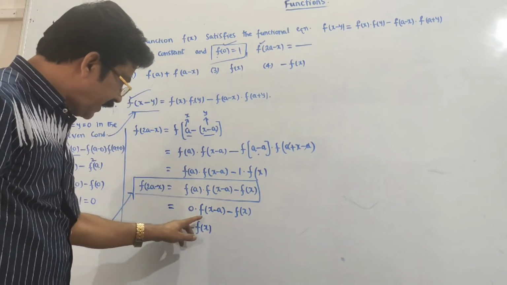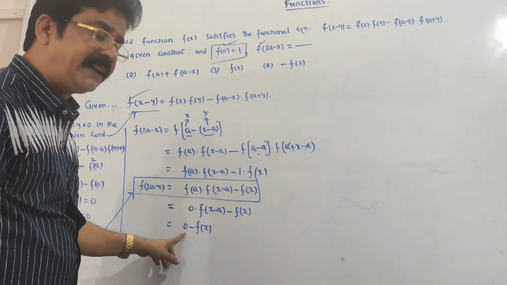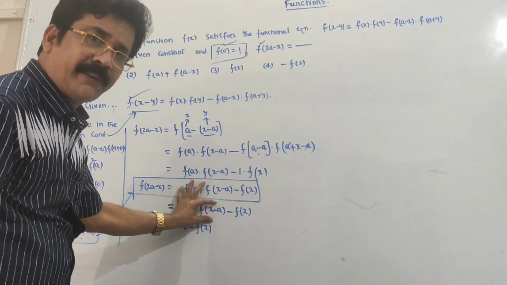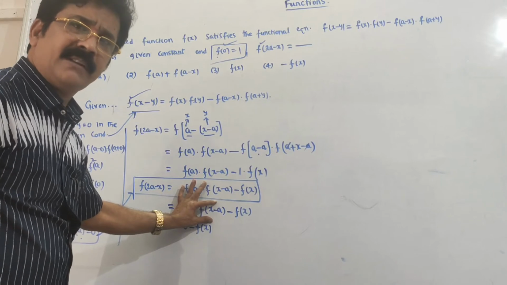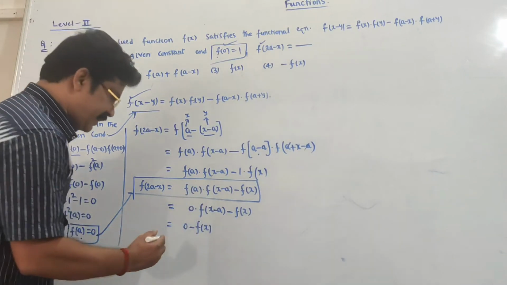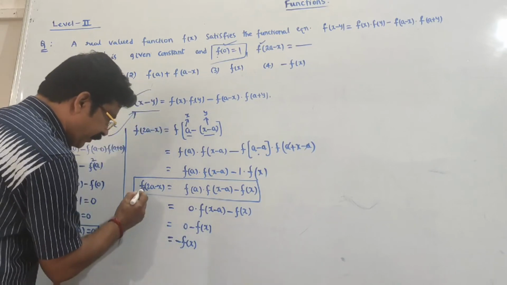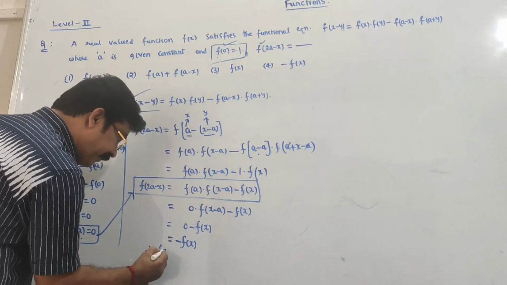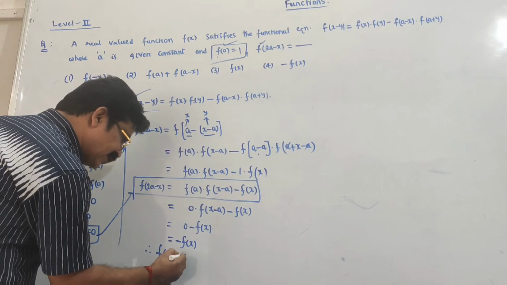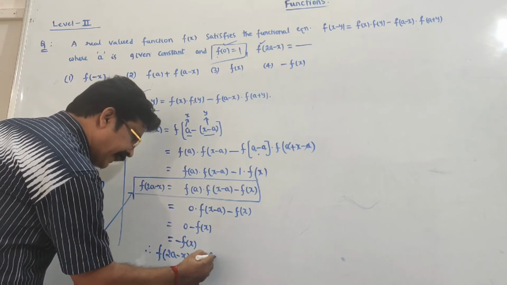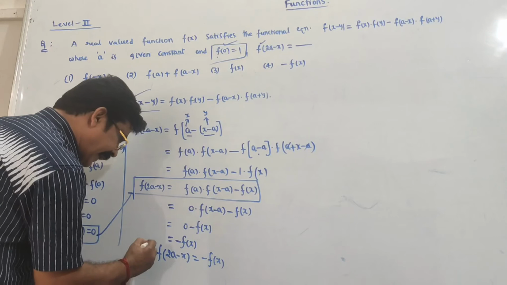Since this product is 0, we need not find the value of f of x minus a, because it is merely a waste of time in the examination. So that is equal to minus f of x. So therefore f of 2a minus x is equal to minus f of x.